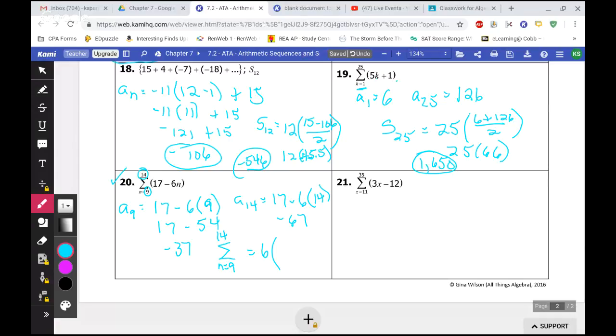Okay, so the first term in the series was negative 37 plus negative 67, divided by 2.